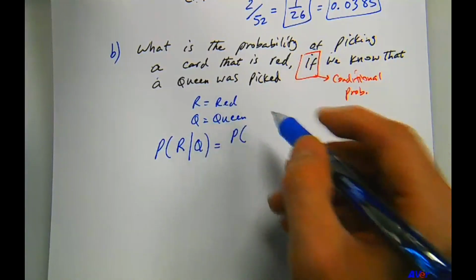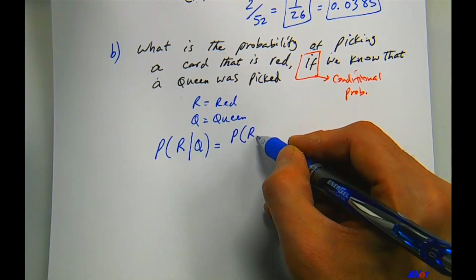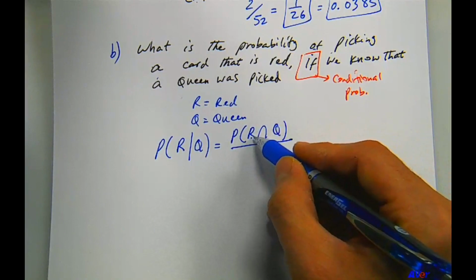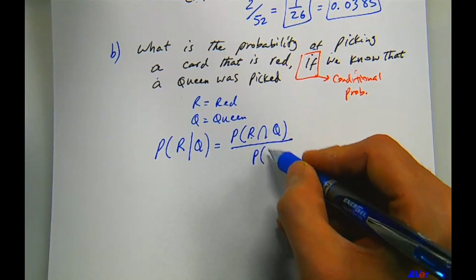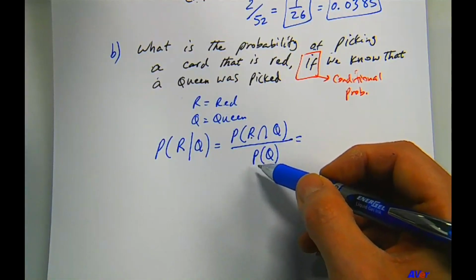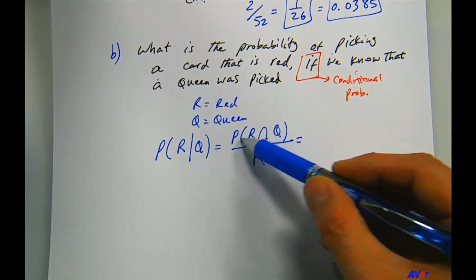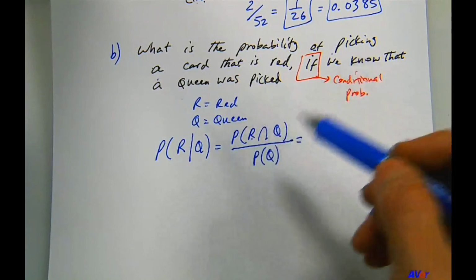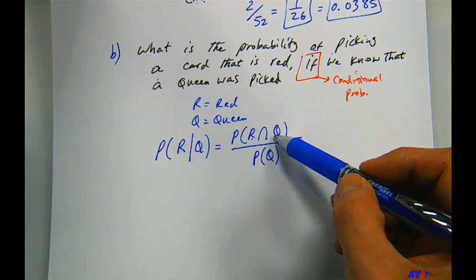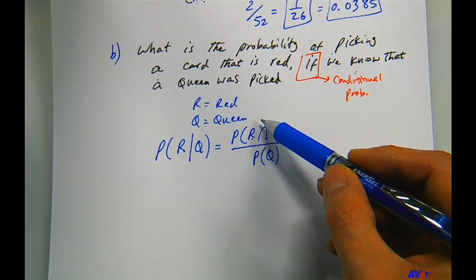So then by the conditional probability formula, we should have the probability of picking a red intersection queen, a card that is red and a queen card, divided by the probability that we have picked a queen, right? It's all involving probability because this selection was made at random. So first we want to know the probability that in this deck of cards we have a red queen card. Well, we know that there are two of those cards in the whole stack.